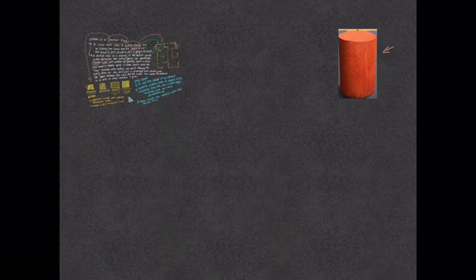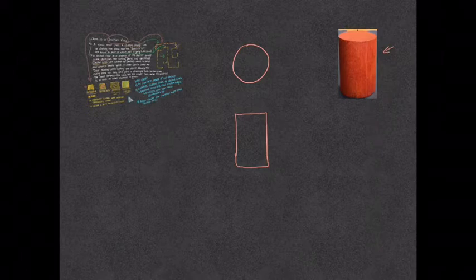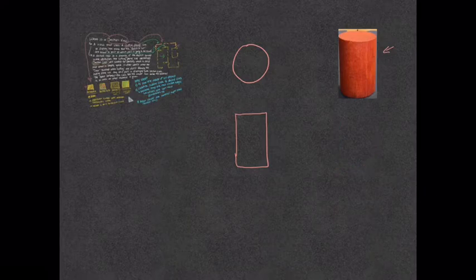So I'm going to first draw the top view, the front view, and then our right side view would be the same as our front view, so I'm actually not going to keep that there. I'm going to erase that, and I'm going to create a section view in that orientation.